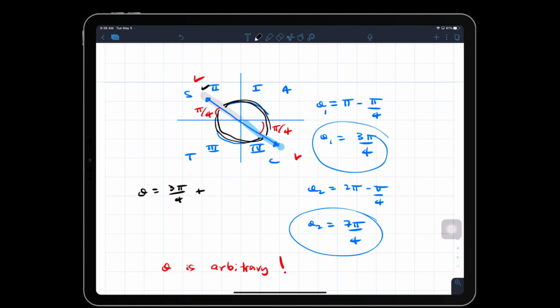It doesn't matter what direction. Go in the other direction. Minus pi, minus pi, minus pi, minus pi. This is plus n pi, where n is an integer value.